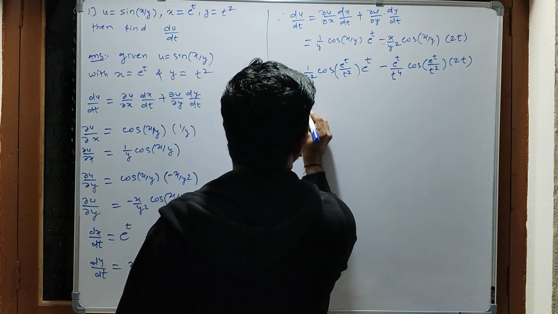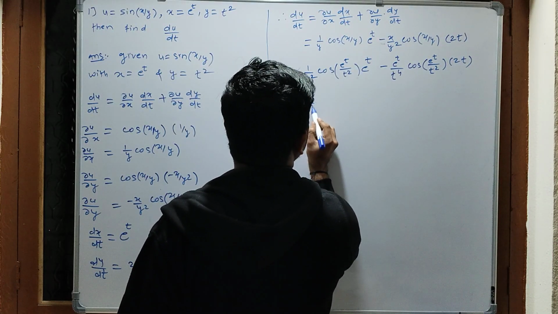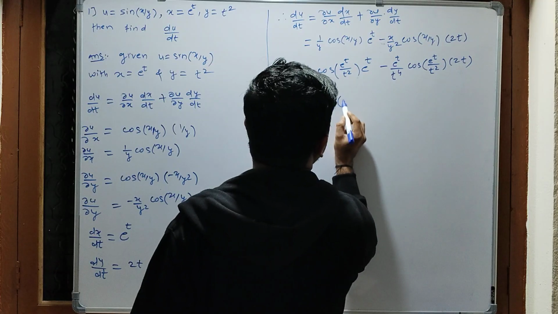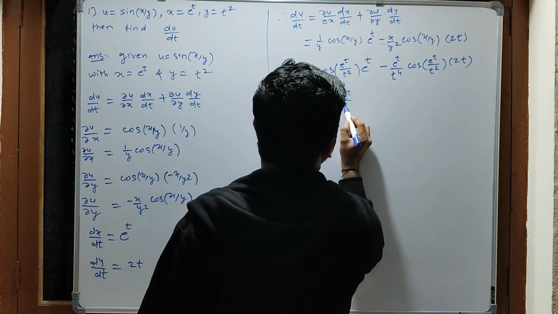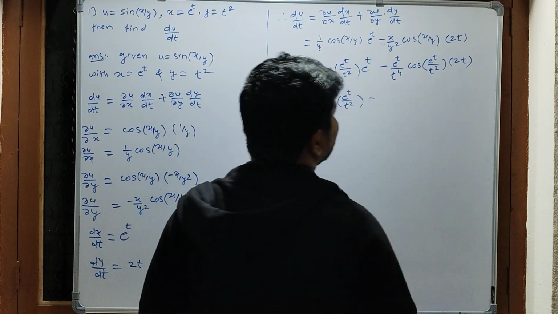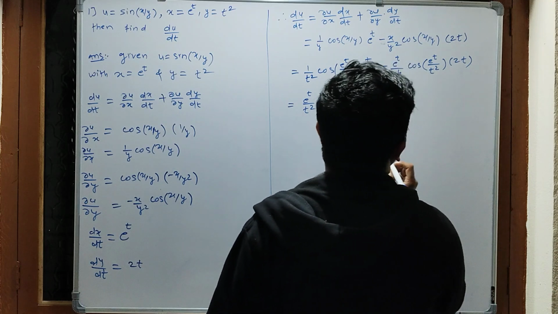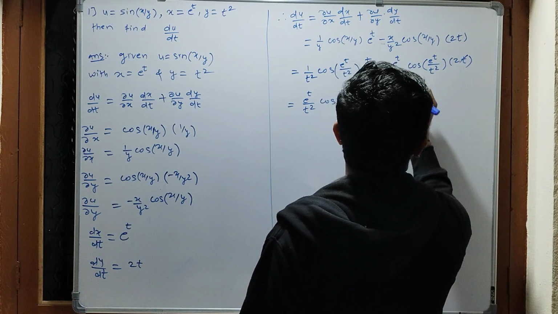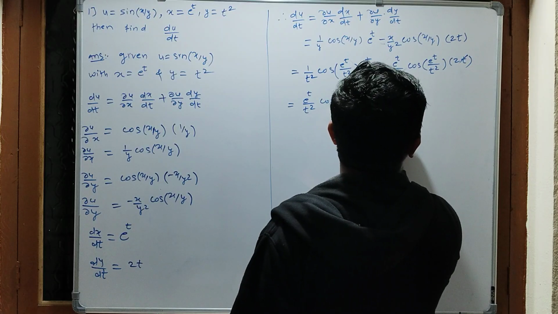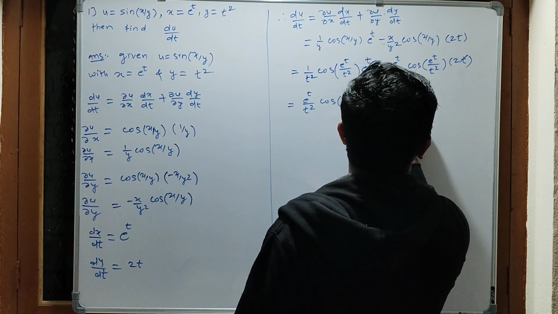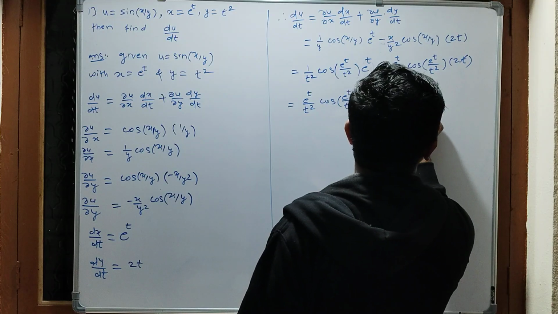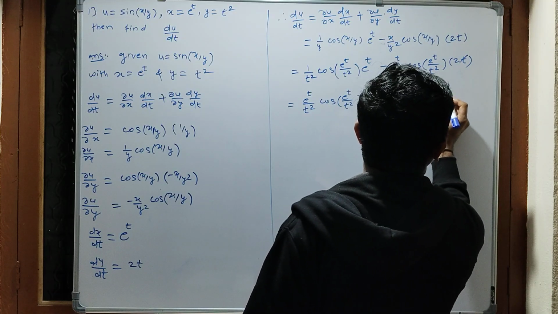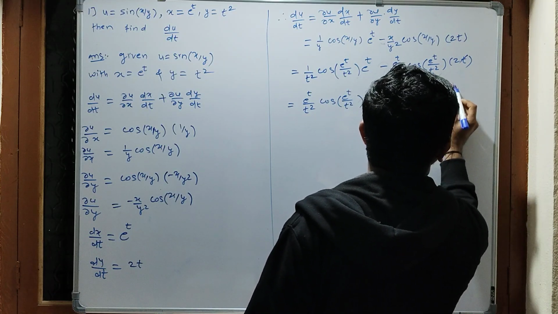So this is equal to e to the power t by t square, cos of e to the power t by t square, minus, and here something cancels: 1t and 1t, so minus 2 by t cube, times e to the power t cos of e to the power t by t square.